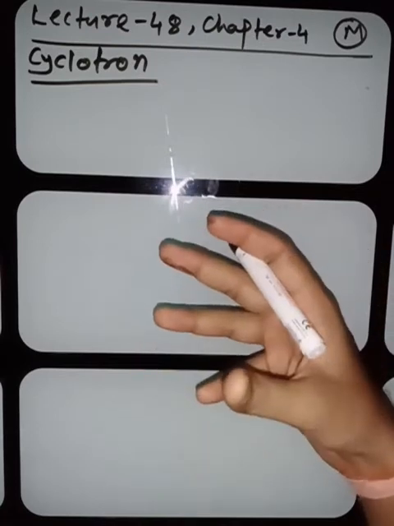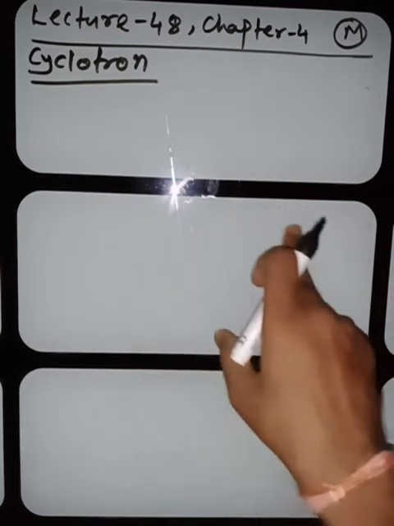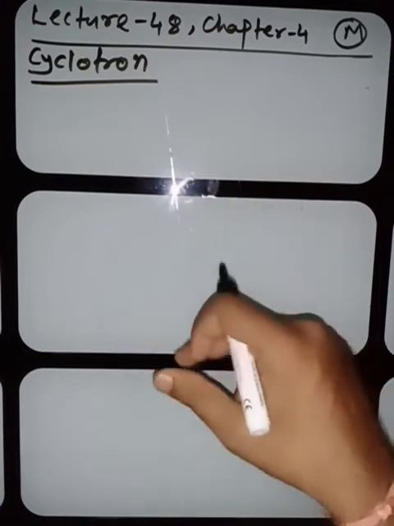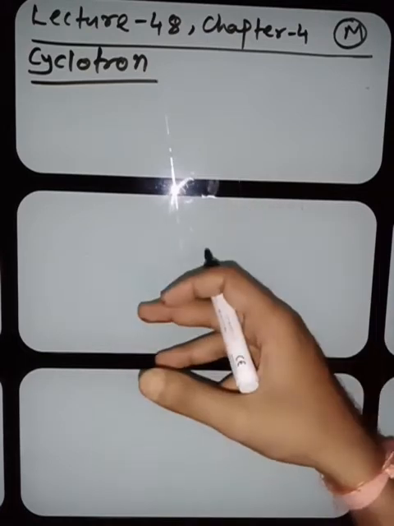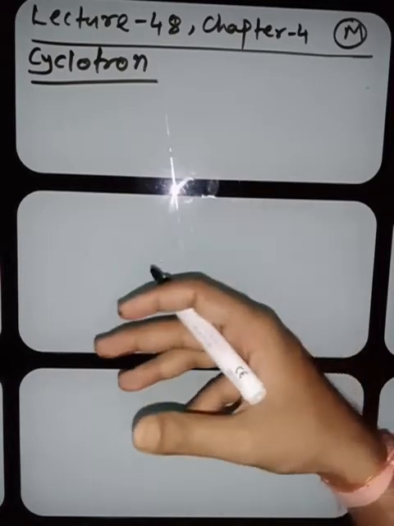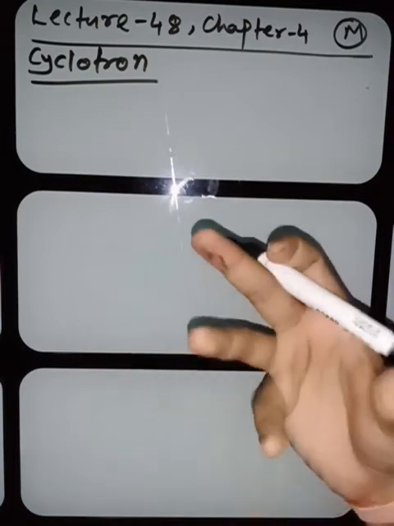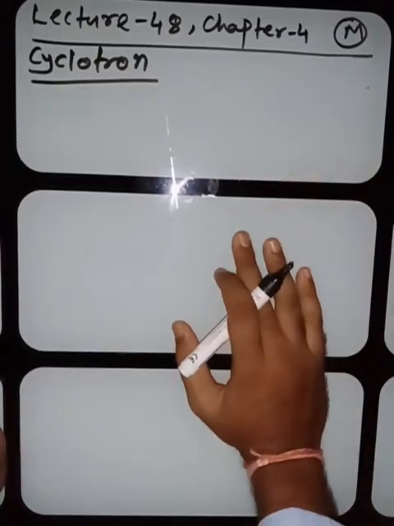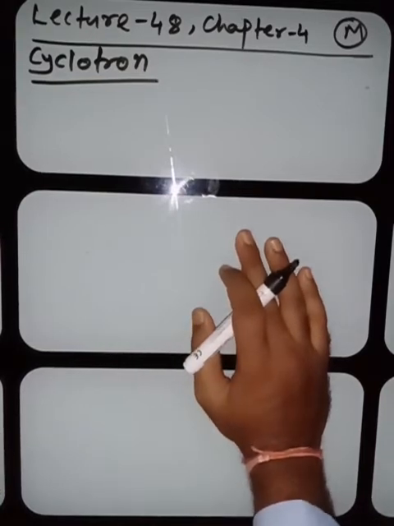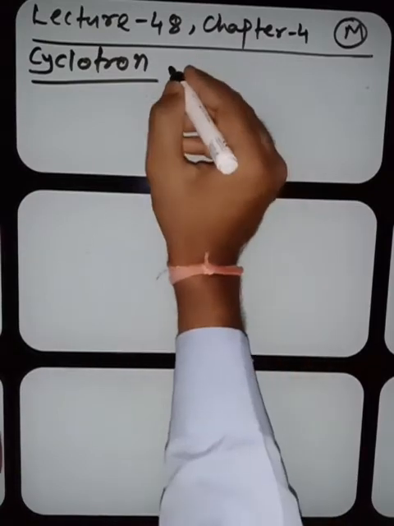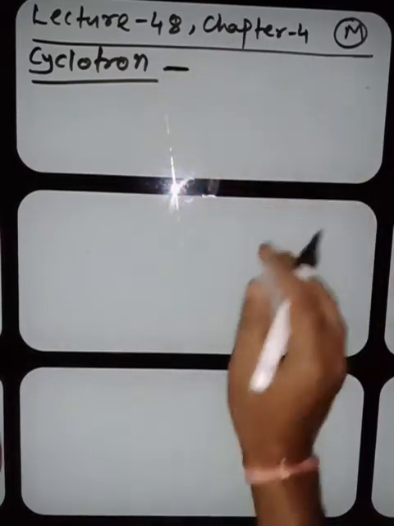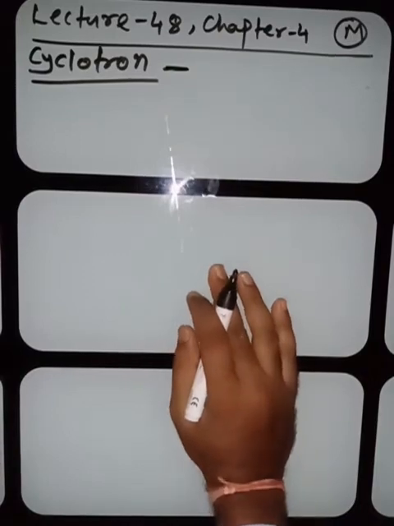We know that if the radius of the circulating charged particle increases, the velocity increases, and due to increase in velocity, the kinetic energy will also increase. This is the particular working method of cyclotron. Anyway, we have studied that the cyclotron is the device used to accelerate heavy positive charged particles. This is the definition, or the introduction, of the cyclotron.